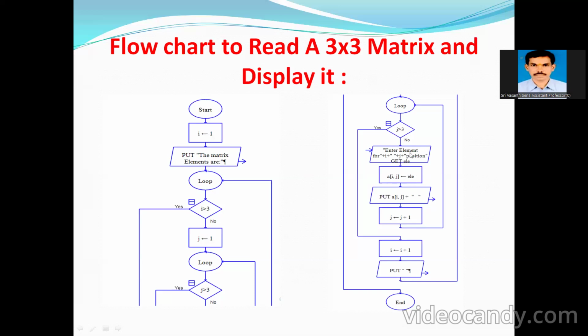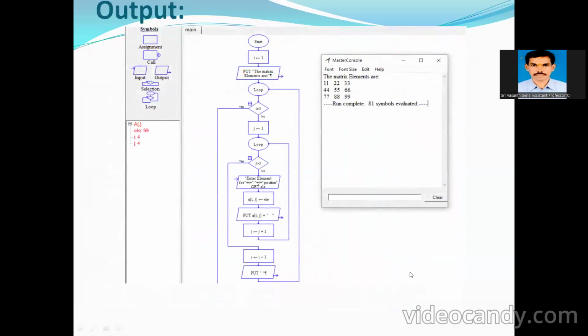So once you read the element at the A[i,j] location, this particular row and column location, you place the element in array A[i,j]. Then you increment the inner for loop by j = j + 1. At the same time, you increment the outer for loop, i = i + 1. For spacing adjustment, we use these output symbols.